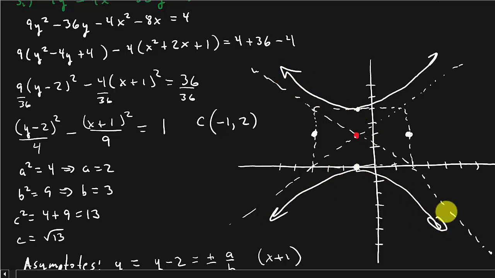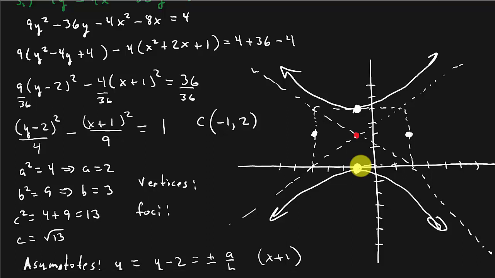All right, now let's go ahead and do our vertices and foci. All right, so we know our vertices are here and here, right? That's our vertices. So we're going to be adding and subtracting to the y coordinate of the center, right?